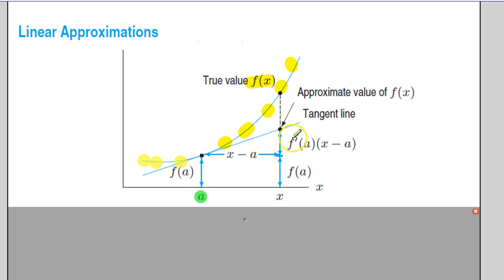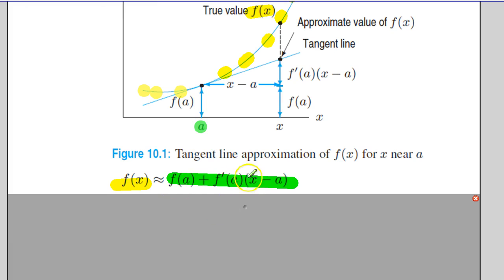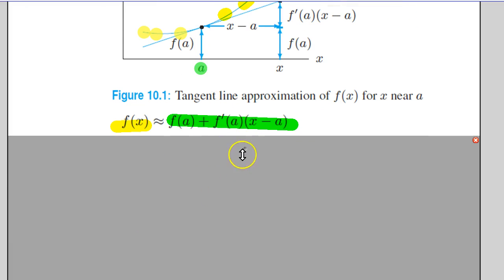But the equation of this tangent line can be represented using this formula, if you guys recall. In this formula, if this is my f of x, then my tangent line approximation is the linear equation and looks like this, where a is the point that the function values share, both the function and the tangent line share, and x is a value close to a.